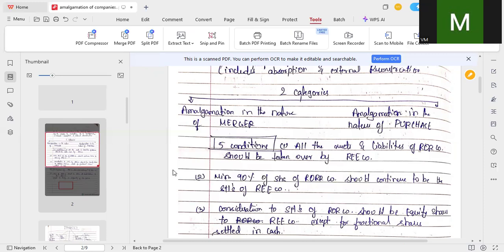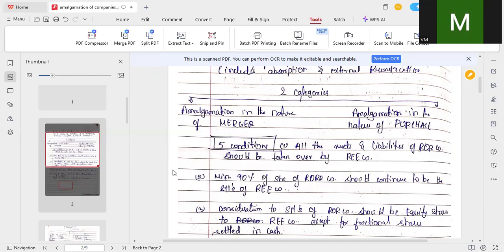The first condition is that all the assets and liabilities of the transferor company should be taken over by the transferee company. Let us understand this by an example, the same classic example, Instagram and Facebook.